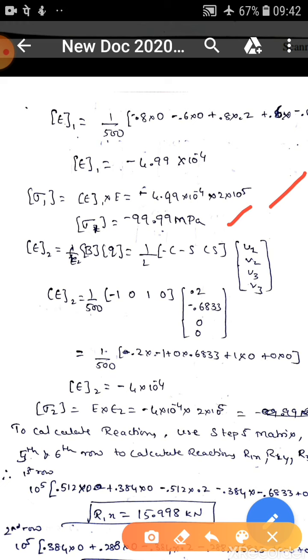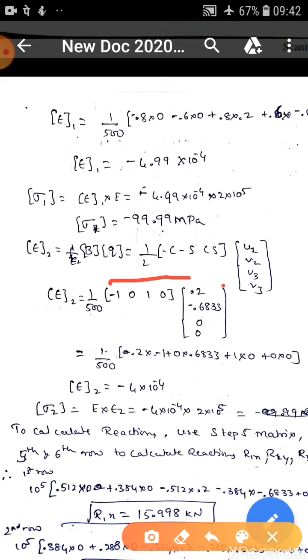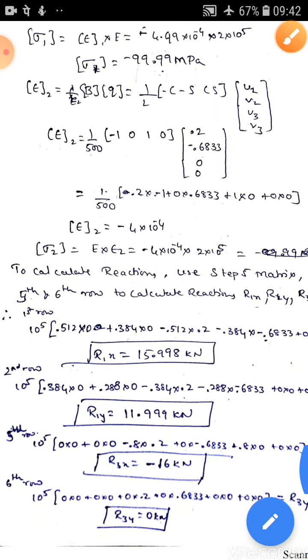Now similarly solve for the strain in the second element, again B into q. The B matrix for the second element is 1 by L times minus C, minus S, C, S. The second element's values of length, cos theta and sin theta have to be fed, and the displacements associated with it are u2 v2, u3 v3. Take those values and substitute them, multiply this row with this column, and you get this matrix.